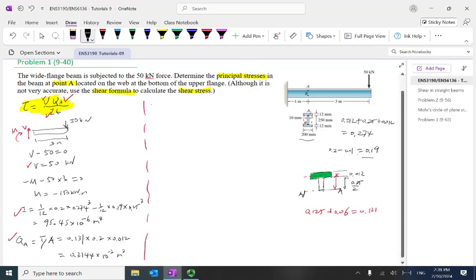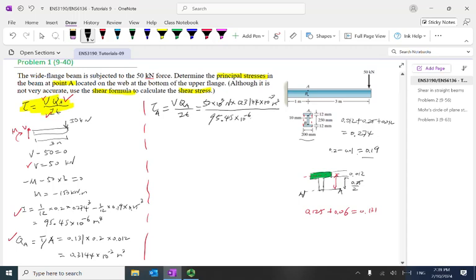So you can see the tau A is equal to VQA over IT. So put the values in. V is 50 kilonewton. So 50 times 10 power 3 newtons. So the QA, which is worked out 0.3144 times 10 to -3 cubic divided by I, which is worked out 95.45 times 10 to -6 meter per 4 times T, of course, that's the width.